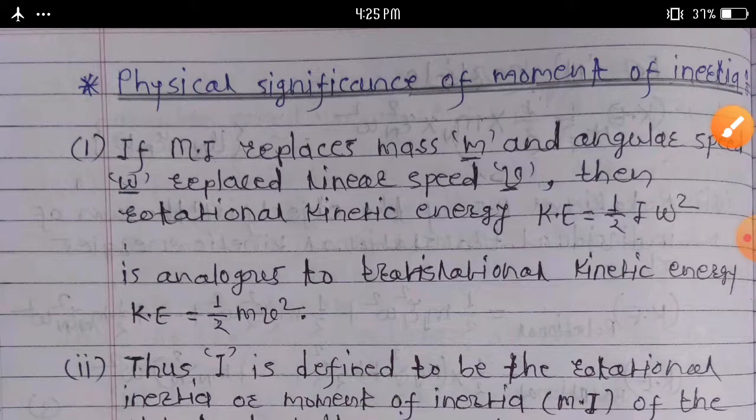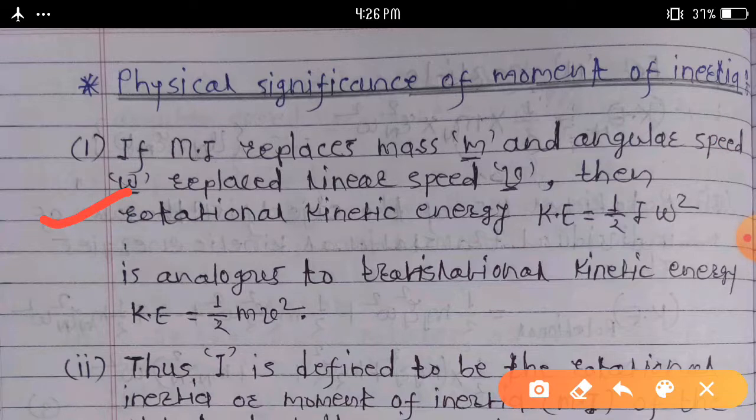Next, we discuss the physical significance of moment of inertia. According to the above expression, first significance: if moment of inertia replaces mass, denoted by m, and angular speed omega replaces linear speed v, then rotational kinetic energy, equal to 1/2 I omega squared, is analogous to translational kinetic energy.